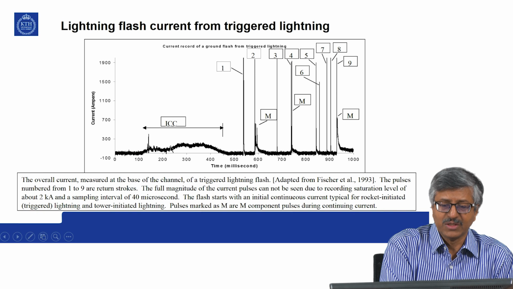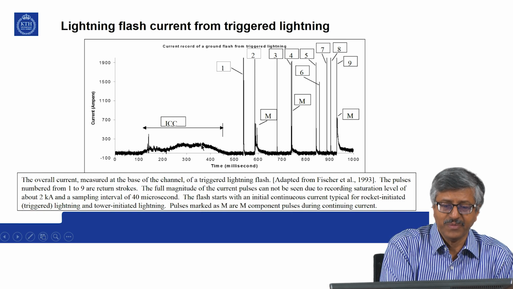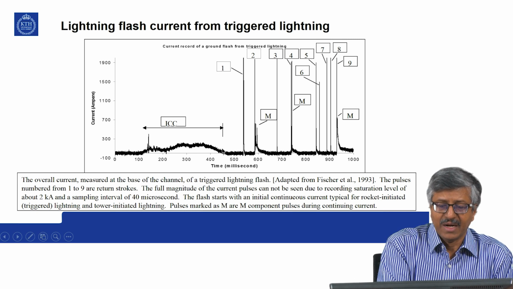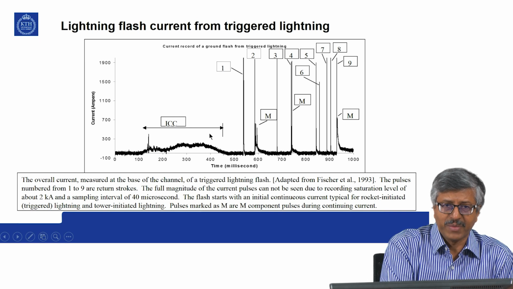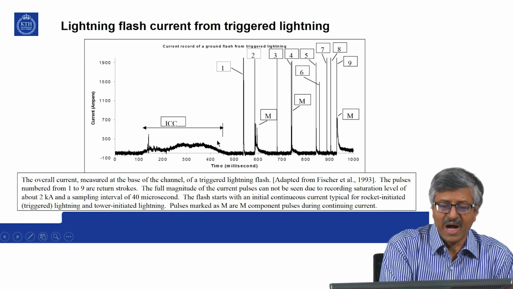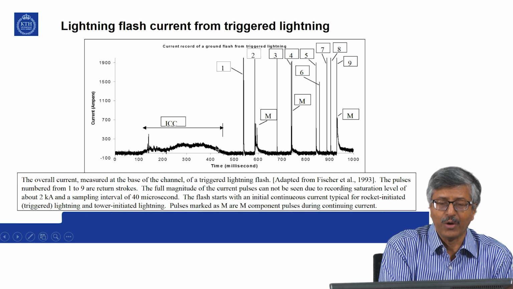This is the so-called stage immediately after the wire burn, where there is a continuous current. This part is only present in upward initiated lightning or in triggered lightning. It is not there in natural lightning.